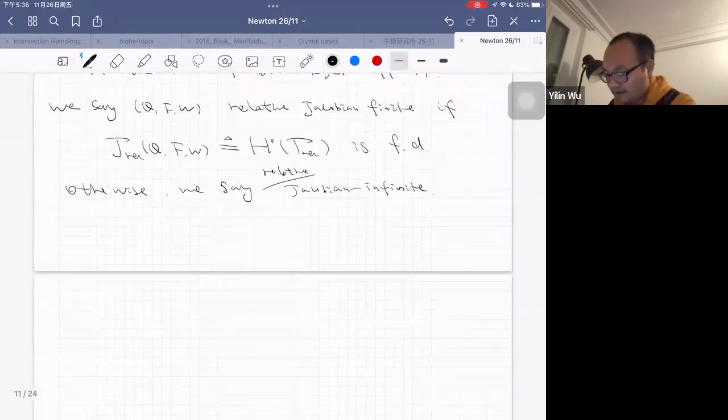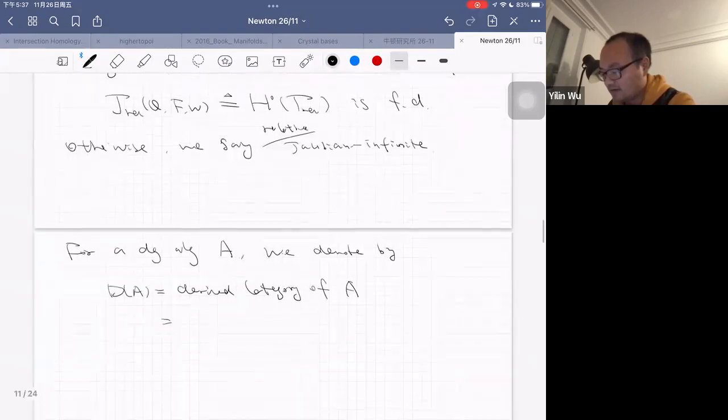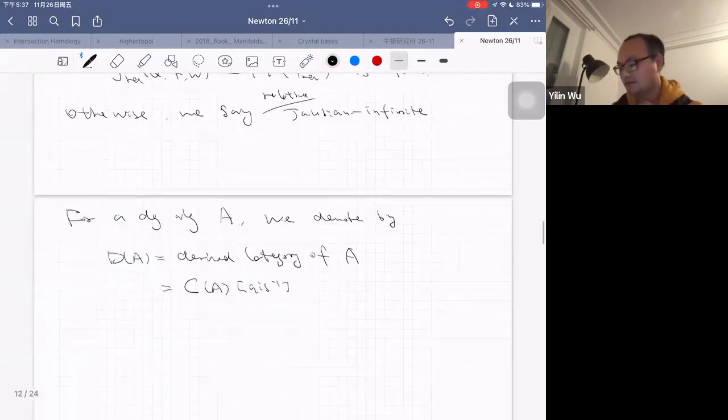For a DG algebra A, we denote by D(A) the derived category of A. It is just the localization of the category of DG modules with respect to the quasi-isomorphisms.